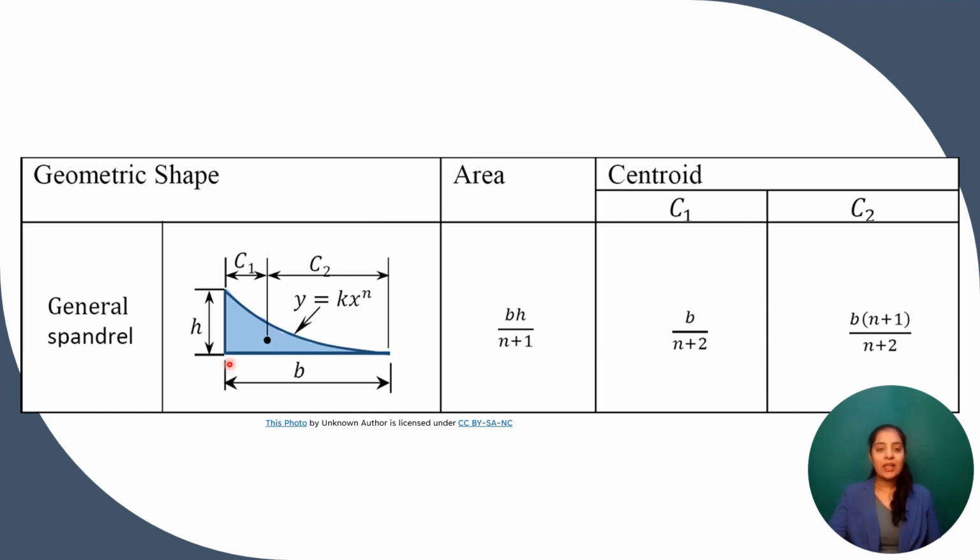C1, that is centroidal distance from perpendicular side, is b divided by n plus 2, and C2, that is distance to the centroid from other vertex, is b into n plus 1 divided by n plus 2.